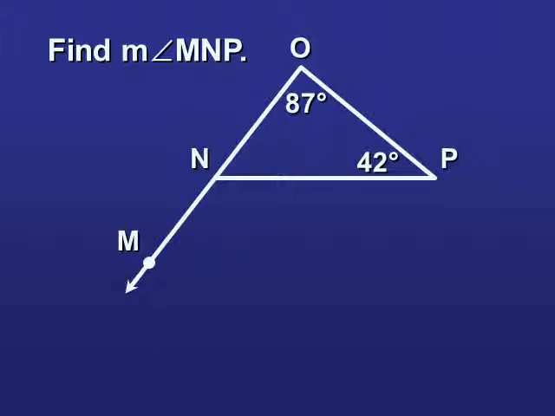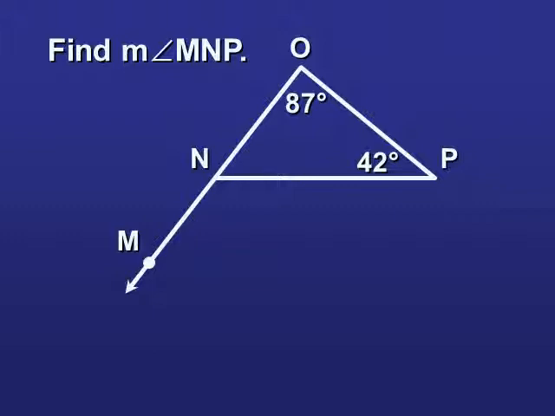The way we already know how to do is we would find the angle ONP by taking 180, because we know 180 is the sum of all the interior angles, and we would subtract off the other two angles. So if I took 180 and I subtract off 87 and I subtract off 42, I get 51 degrees.